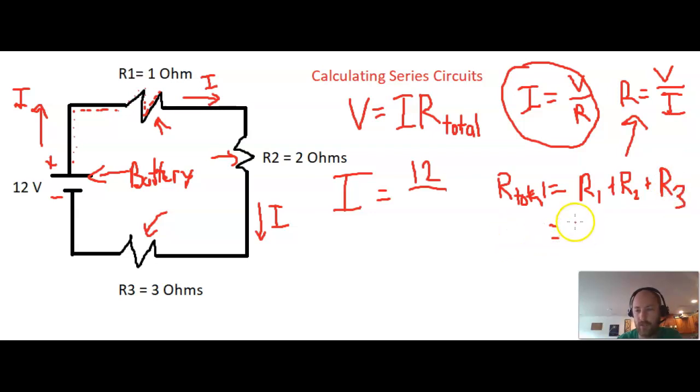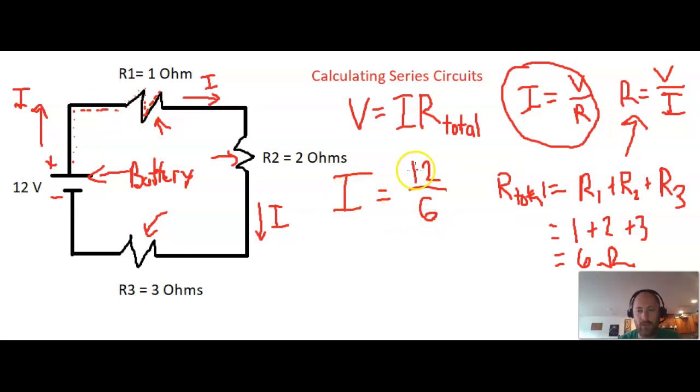I made the numbers really easy. That's 1 ohm plus 2 ohms plus 3 ohms for a total of 6 ohms. That's the symbol for ohms, if you don't remember. So the total resistance is 6. We just added all of the resistors up. So we're going to put 6 down here.